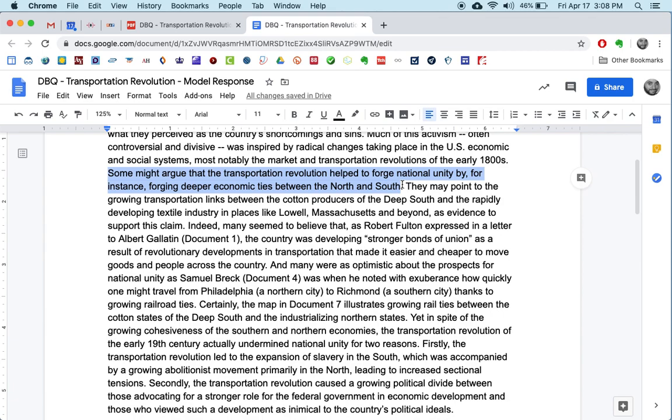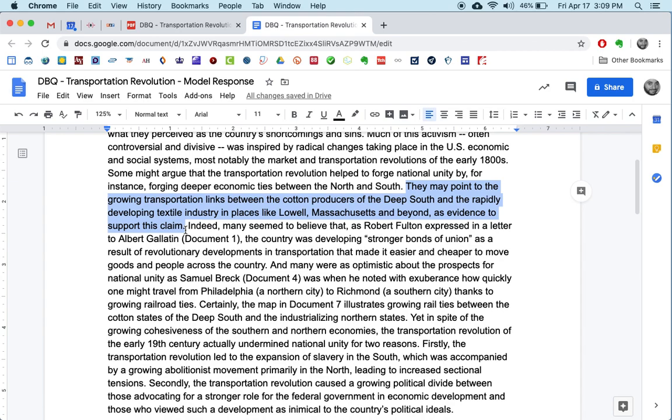That's really what they mean by exploring the controversy, or rather the complexity. And so I go ahead and describe a couple of specific pieces of evidence that might support the counterclaim that the transportation revolution helped to forge deeper economic ties between the North and the South. And that's what I do in this sentence here.